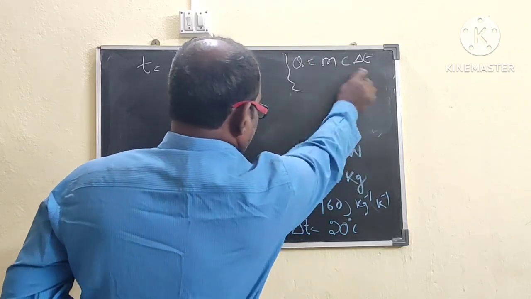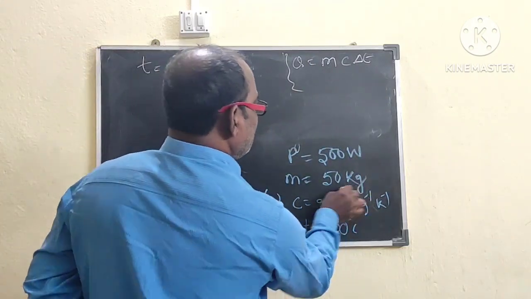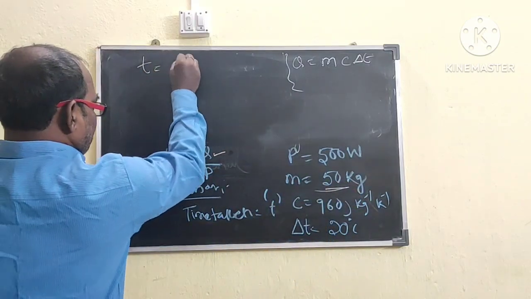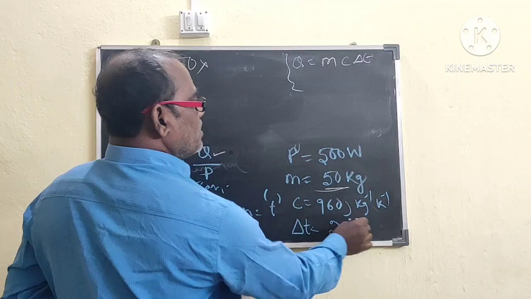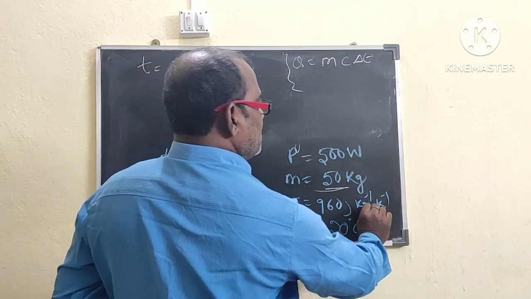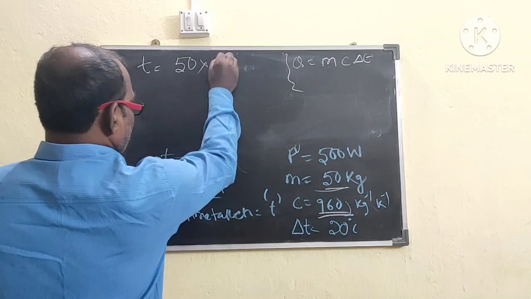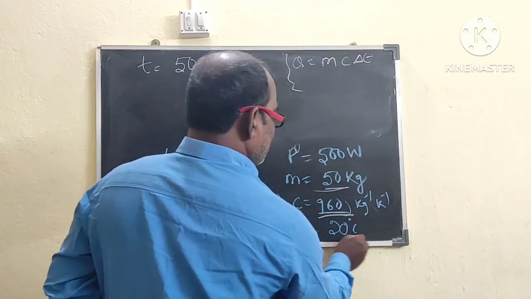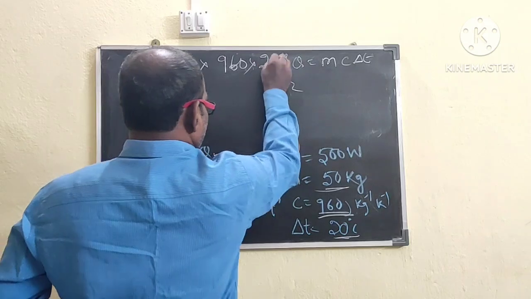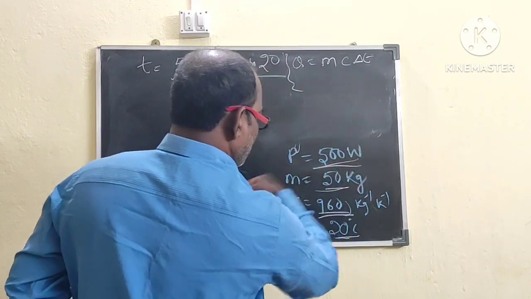Already we know that, and what is mass? Mass is given in kg. So we write here 50 into specific heat capacity, which is also given, in kg per Kelvin, that is 960, into change in temperature, that is 20, divided by the power, which is given as 500 watt.